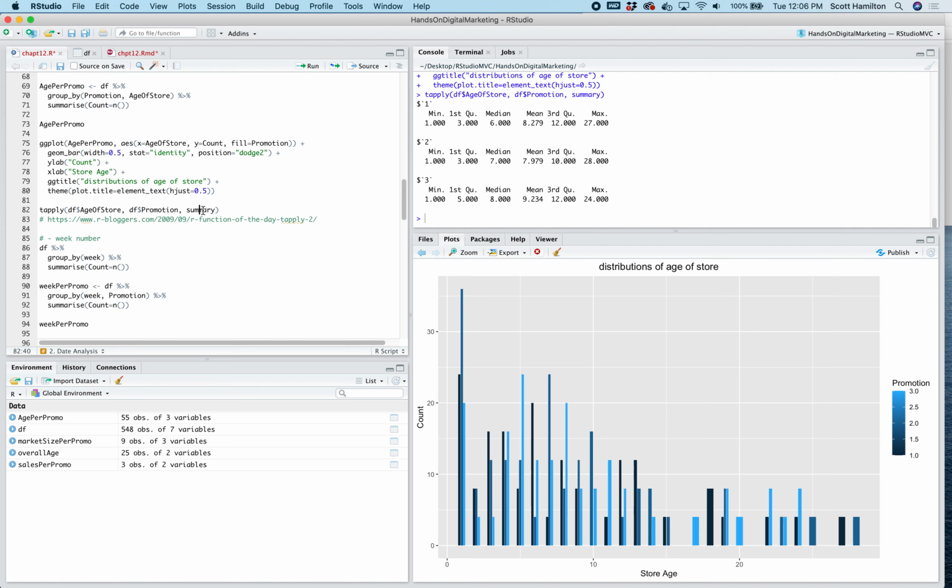So again, we're going to get that min, median, and max here, broken up by promotion. So 1, 2, and 3 promotion, and the age of store is the actual value that we're looking at. So it looks like promo 3 had the higher average store age.